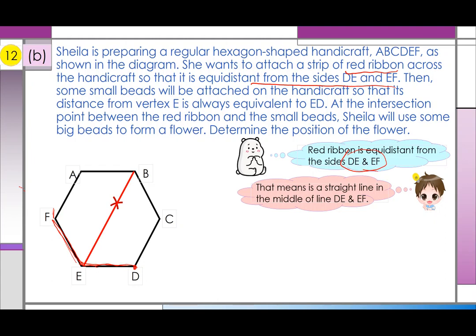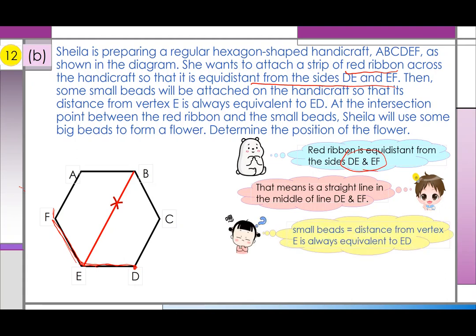Second, some small beads will be attached on the handicraft so that their distance from vertex E is always equal to ED. This is vertex E. The locus from one vertex is an arc or a circle, and the radius must be equal to ED.